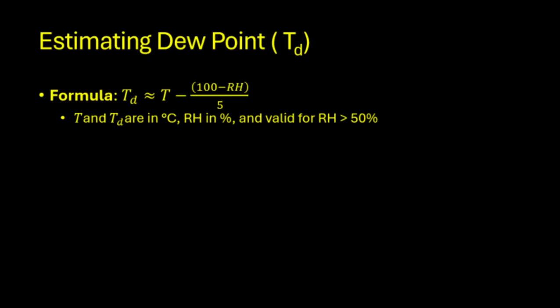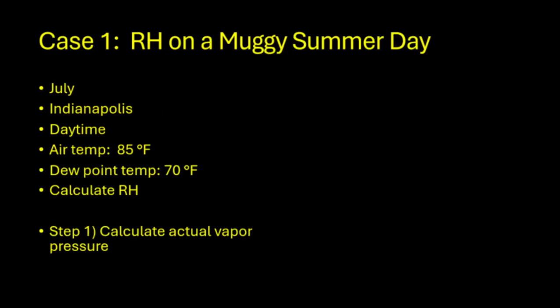We use the word estimate and see the squiggly lines of equals because this isn't a perfectly precise formula. It's really only valid for relative humidity above 50%. It's good for educational purposes, but it is not precise, and that's why you see this clarification in terms of estimating instead of calculating.